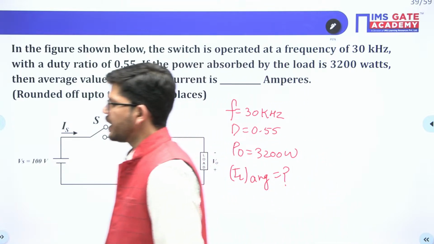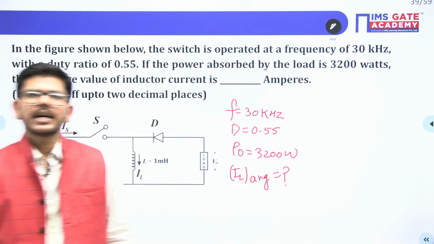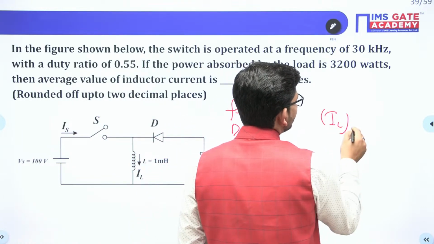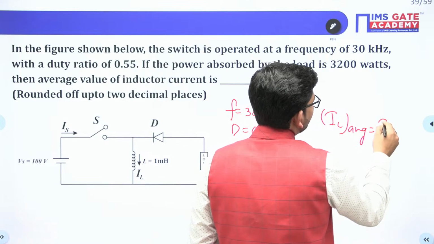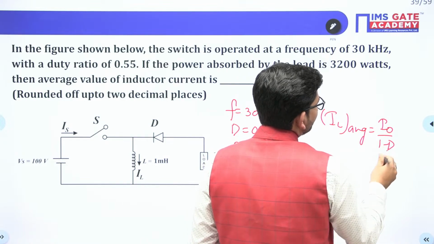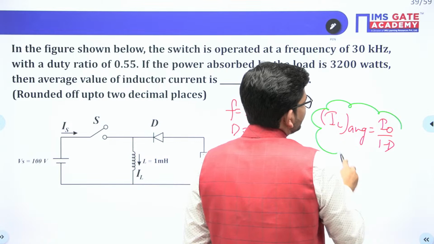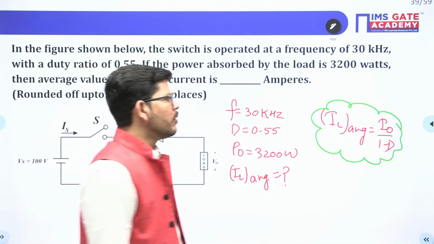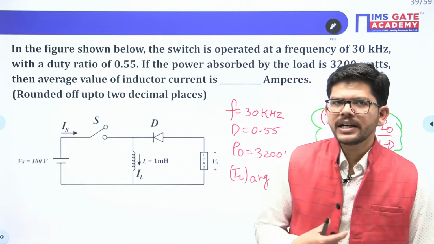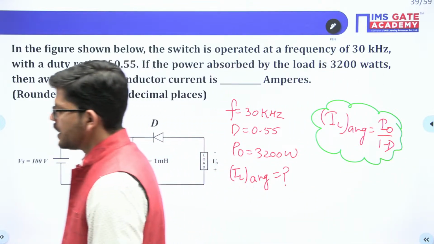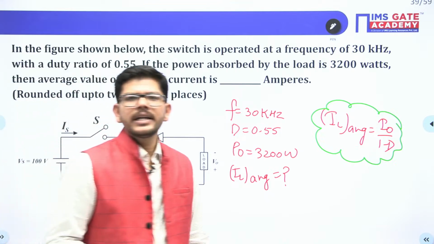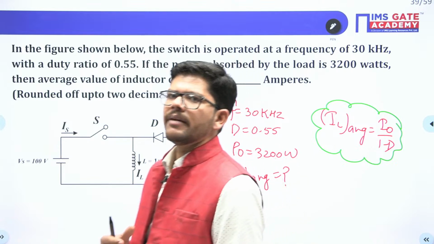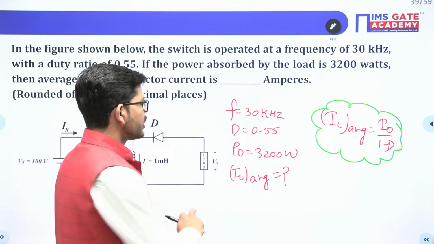Whether it is a boost converter or a buck boost converter, it remains the same. You know how we calculated the average inductor current in the case of the boost converter. The average inductor current in the case of the buck boost converter has the same formula as in the boost converter.